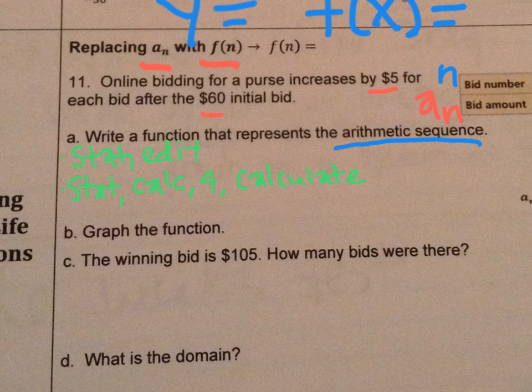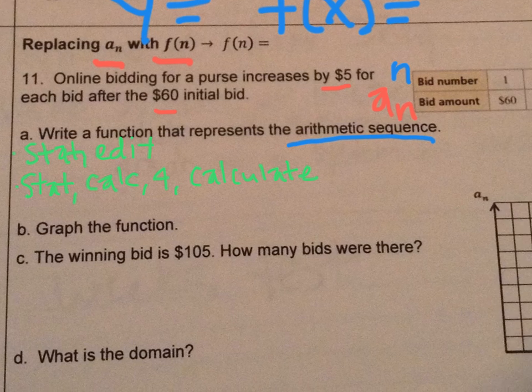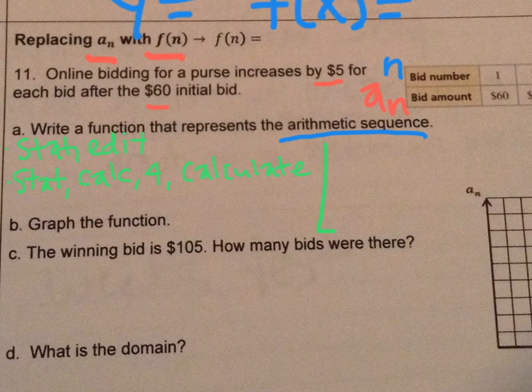And once we do that, you're going to get a screen that looks like this. It says y equals ax plus b. And then it says that a equals 5 and b equals 55. So pause this for a second and try and see if you can write the function in terms of an.